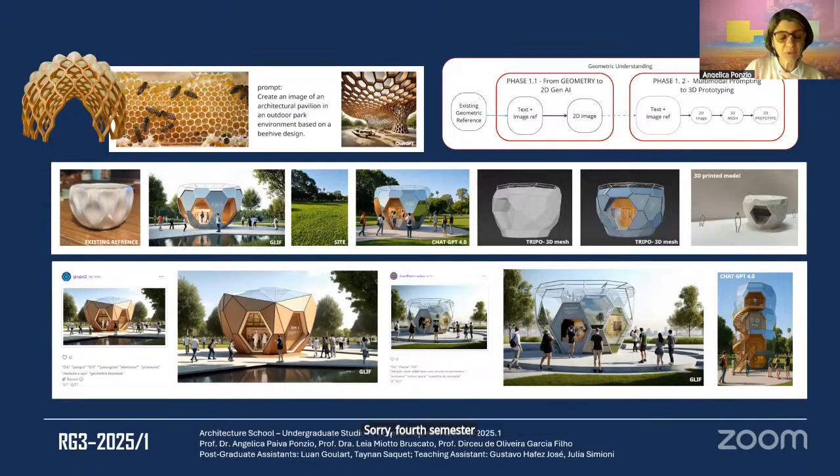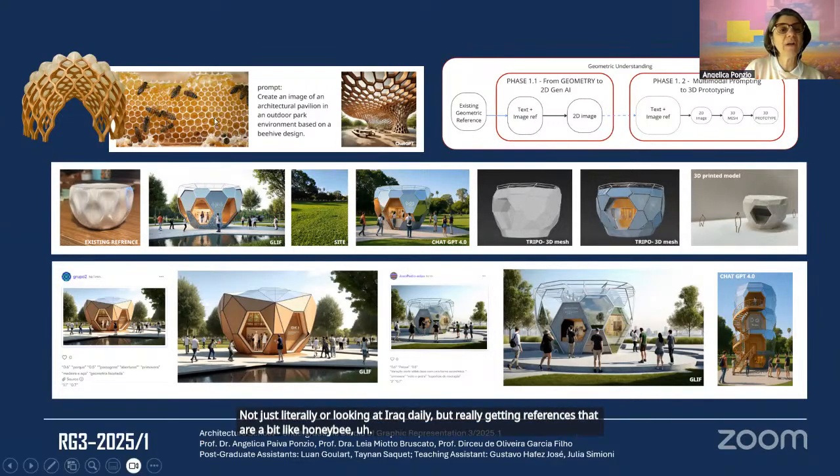And it's very hard to teach the computational design pipeline and computational thinking because it's very abstract as well. So we started playing first with AI, so they can start thinking about geometries and understanding how to use references and work with analogies, not just literally, but really getting references out of it, like a honeybee or this is a vase.